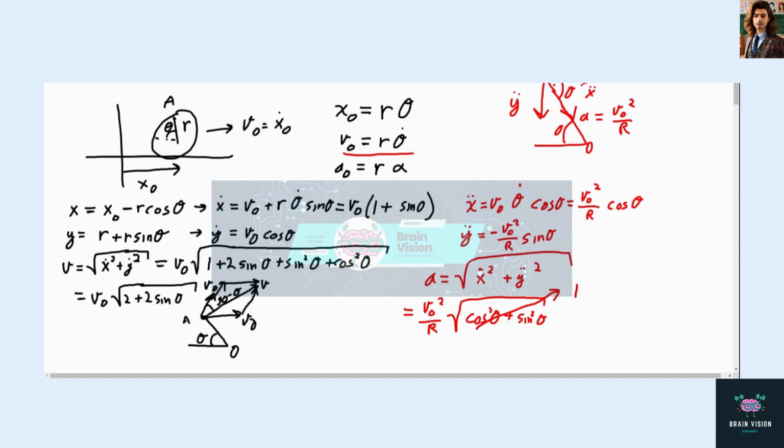So we're left with v squared over r, and the direction has to be directly inward towards the origin or the center of the circle, which they called point O.